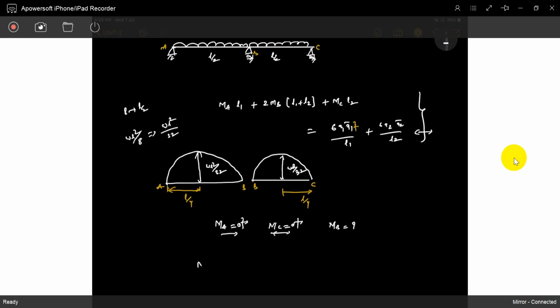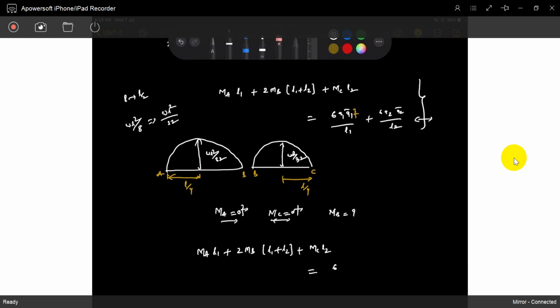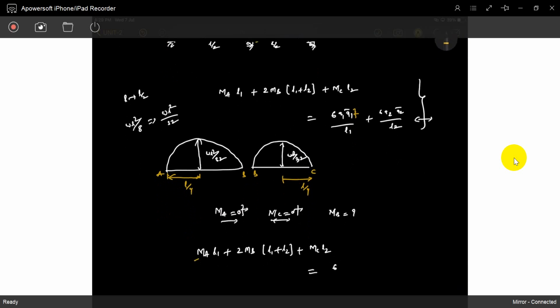So just use the equation: MA L1 plus 2MB (L1 plus L2) plus MC L2 is equal to 6 times area into x-bar over L. I write it directly: MA is 0, MC is 0, and L1 and L2 are both L by 2.